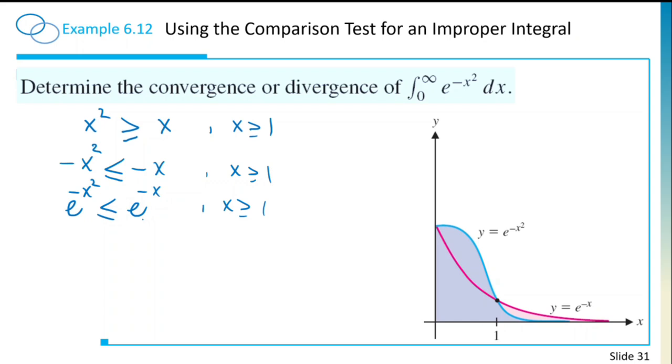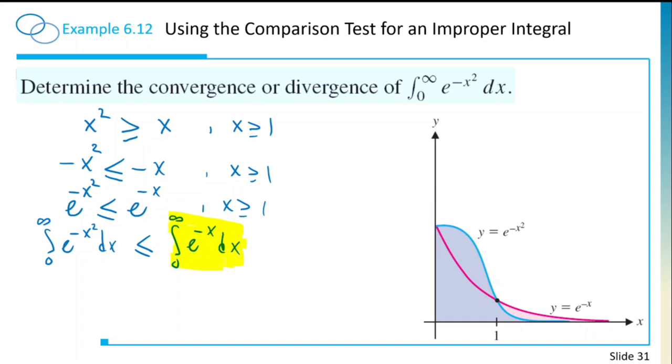Can we easily deal with e to the power of negative x? Yes, so I can easily say that the integration from 0 to infinity of e to the power of negative x squared dx is less than or equal to the integration from 0 to infinity of e to the power of negative x dx. Very good. Now I need to consider this larger one, just exactly like 6.11.